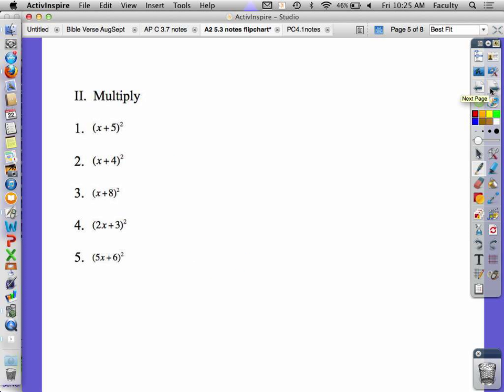Now, I want you to try this group, okay? And I do need to remind you that x plus 5 squared is not x squared plus 5 squared. It means x plus 5 times x plus 5, and you FOIL it.